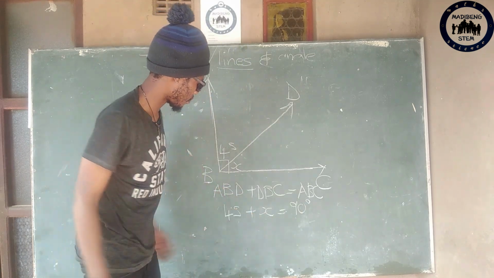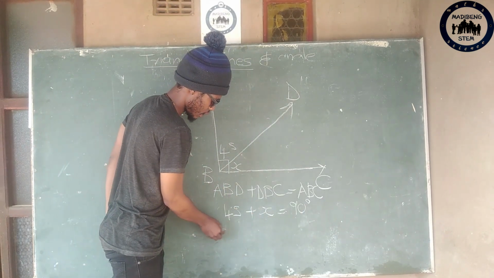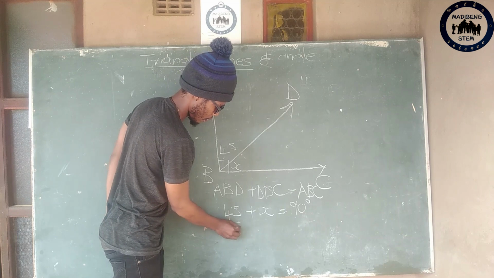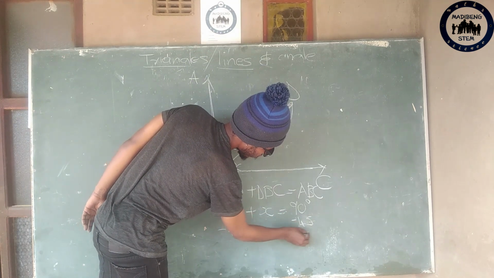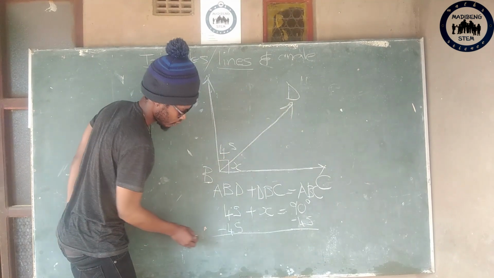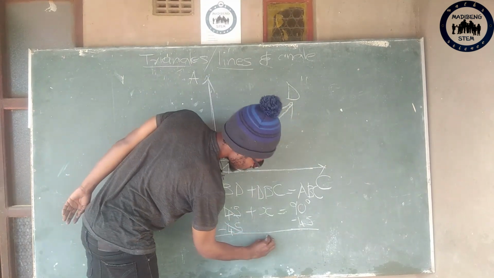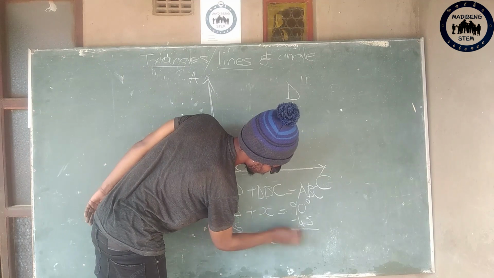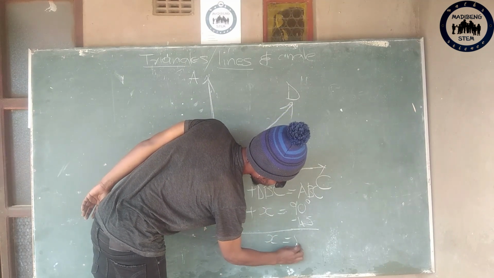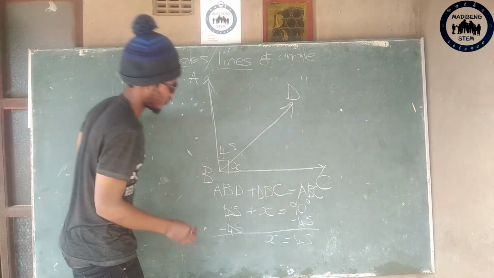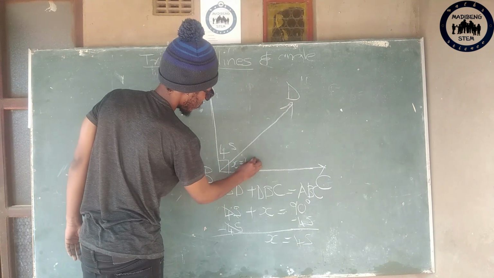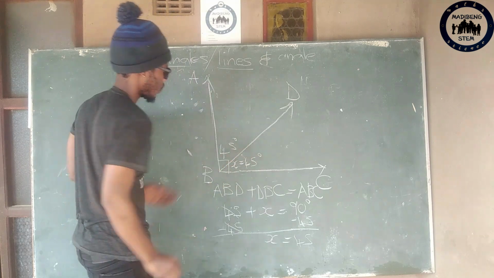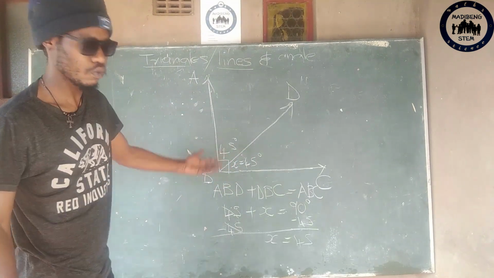So we make X the subject of the formula. We subtract 45 from both sides. This one cancels this. Then we are left with X is equal to 45. So X is equal to 45 degrees. 45 plus 45 is 90. It's true.